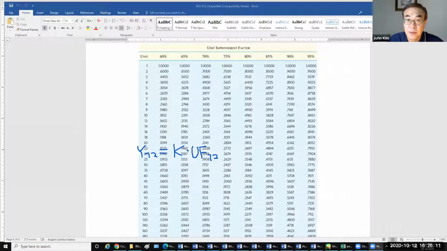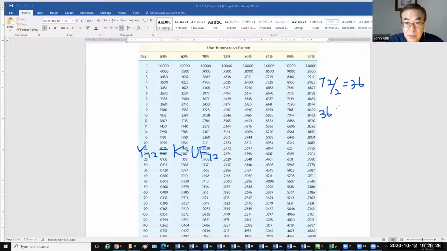So half of 72 is 36. So try to find 36, but still cannot find. Then 36 divided by 2 equals 18. 18 we can find.